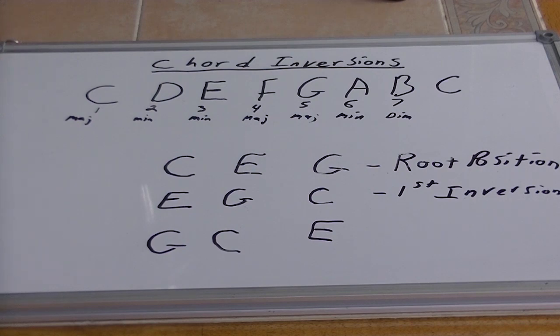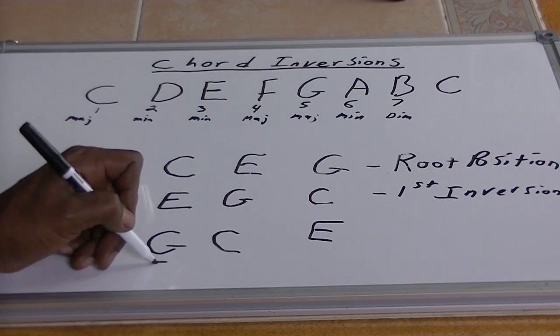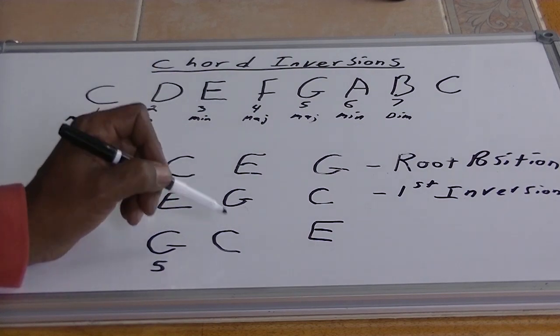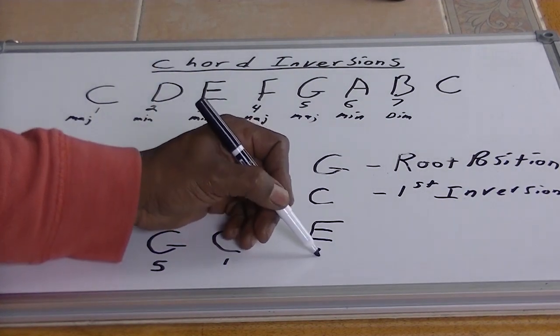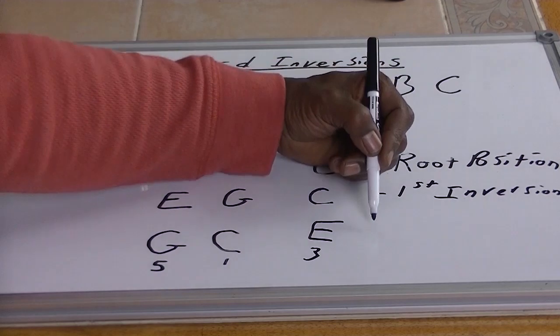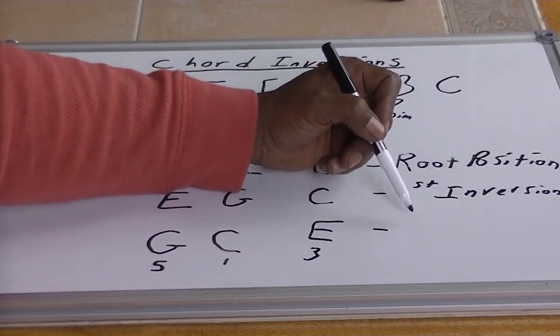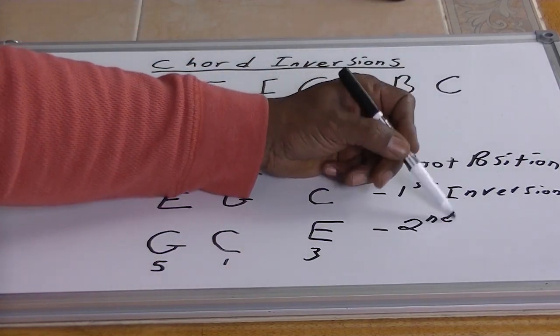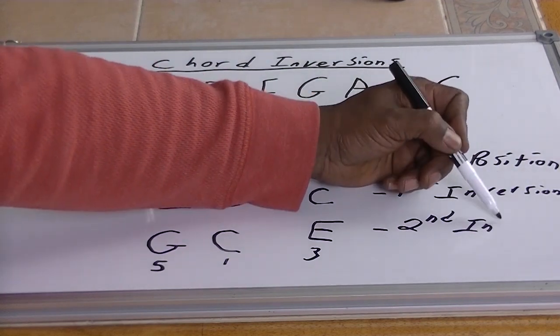So when we look at our numbers, we have 5, 1, 3. Well, when the notes are ordered this way, it's what's known as the second inversion.